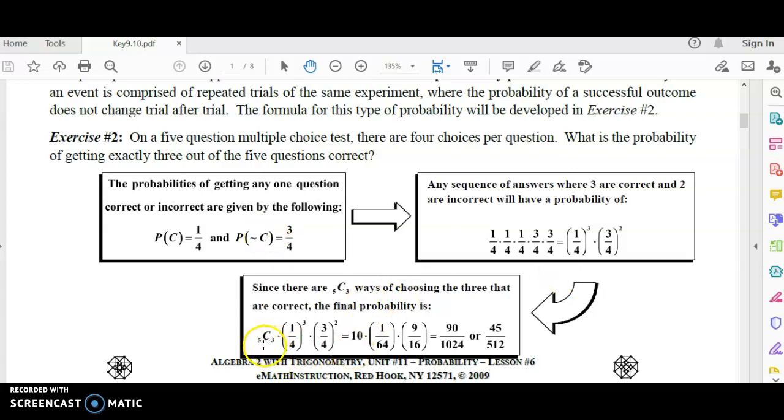So if I kept going, it would have turned out to be 10 different ways of correct versus incorrect. And I wanted to mention this, the tilde sign in stats is used for not. So the probability of correct is 1/4, the probability of not correct is 3/4. So we can figure out that probability, but then there were 10 different ways of getting that, and we get the correct answer of 45 out of 512.